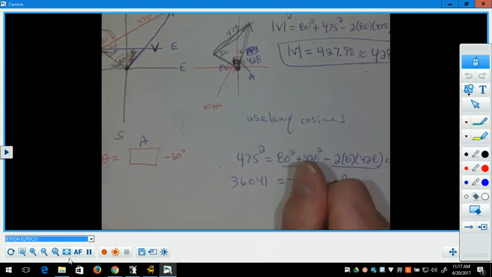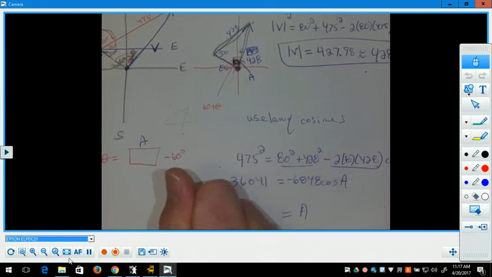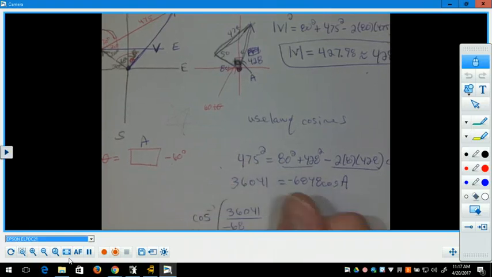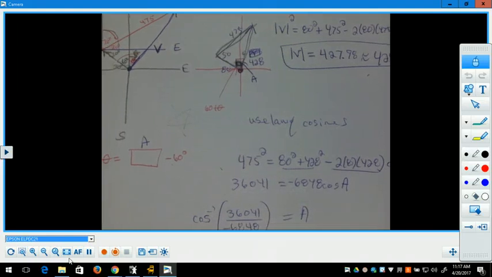So to get angle A, I need to do cosine inverse of 36041 over negative 6848. Cosine inverse of 36,041 divided by negative 6,048, close parentheses.